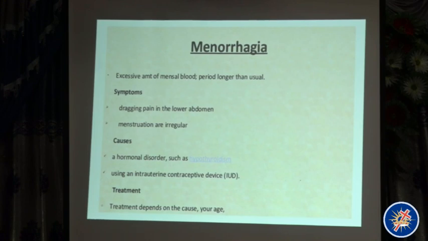Then the other one is menorrhagia. Menorrhagia is now a problem of having too much period. In other words, you are bleeding. The normal bleeding should be 3 days to 7 days, or 2 days to 7 days. If you bleed beyond 7 days, then you have a problem.